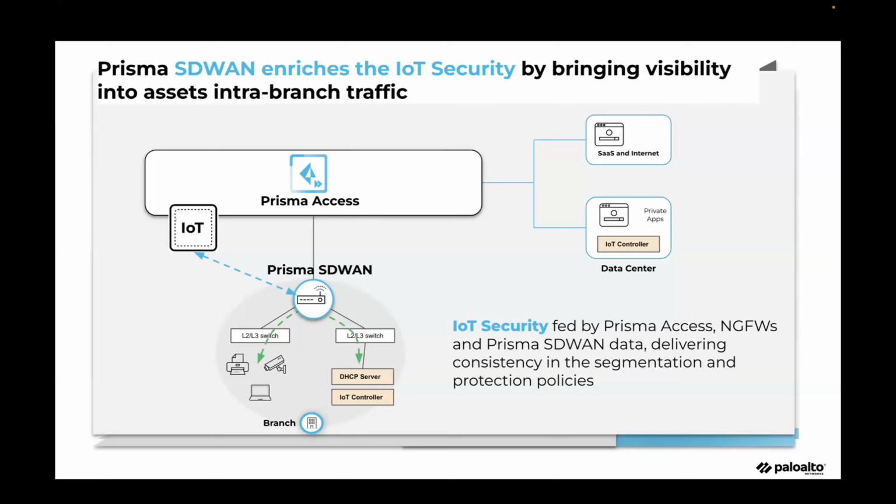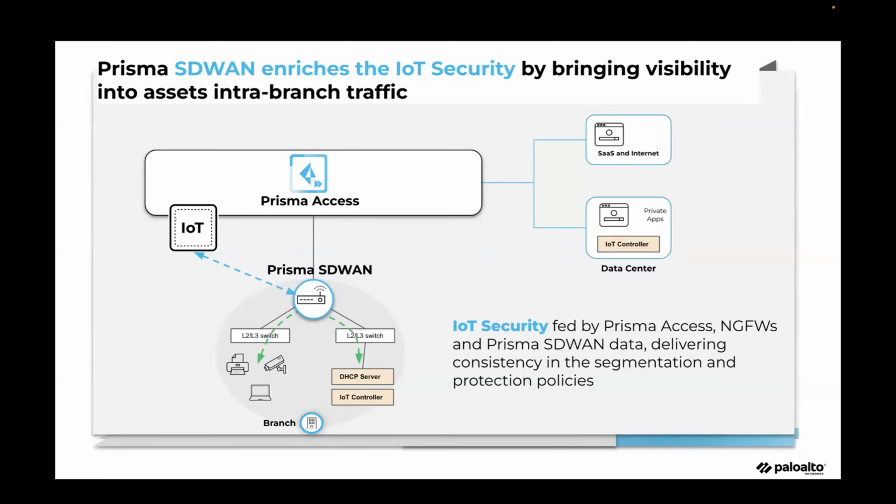We have Access on one side, and also Prisma SD-WAN as a component of our SASE, right? SD-WAN means we have a presence in every branch, or likely have presence in every branch. So why not use SD-WAN to help and bring in extra visibility for our IoT, and not only, right? But here today, IoT is the topic.